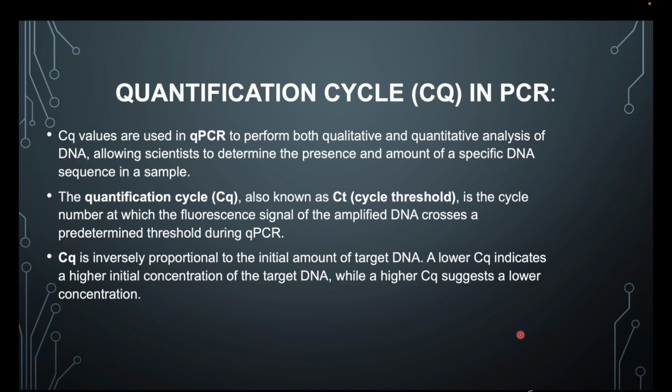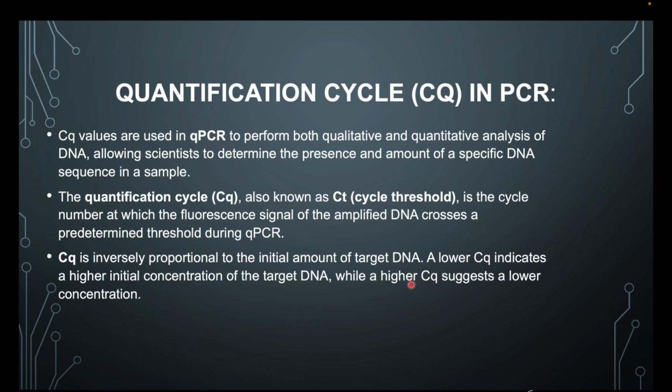Now comes a very important point called CQ in PCR. So CQ, or quantification cycle, is a value also known as cycle threshold, CT, okay, and is crucial in quantitative PCR. It represents the cycle number at which a sample reaction crosses a fluorescence threshold.